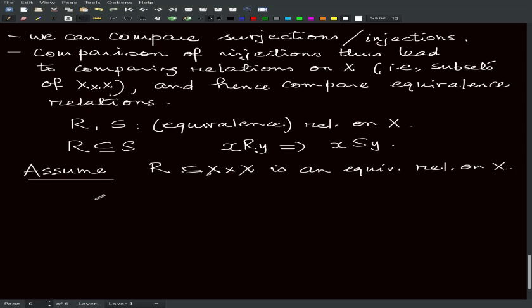Now remember, since it is an equivalence relation, it partitions X. So we have its equivalence classes. This is its factor set.